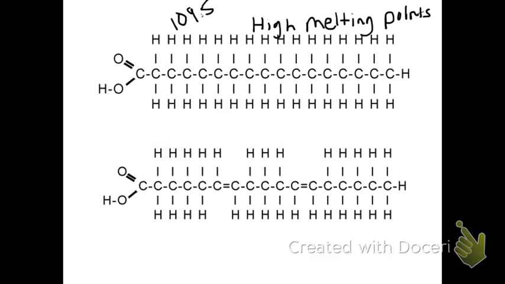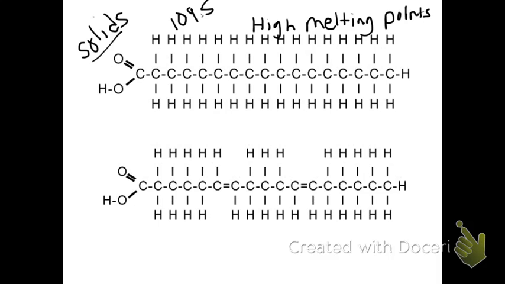Therefore, at room temperature, they're going to be solids. One more time, saturated fatty acids have high melting points due to the strong van der Waals forces, and therefore they're going to be solids at room temperature.